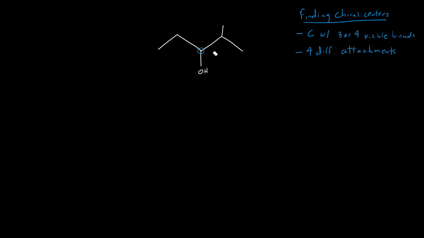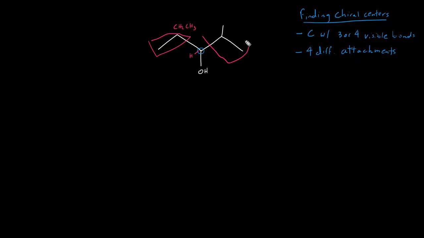So that leaves this carbon right here. Now again, this carbon qualifies because we have 3 visible bonds. We have an OH as one of the attachments, a hydrogen, which we're not seeing, and then we have carbon chains. And now the question becomes, are these carbon chains the same? And I don't mean just the next carbon over, the whole chain. This chain, if we write it as a structural formula, is a CH2CH3. That's what this whole attachment is.